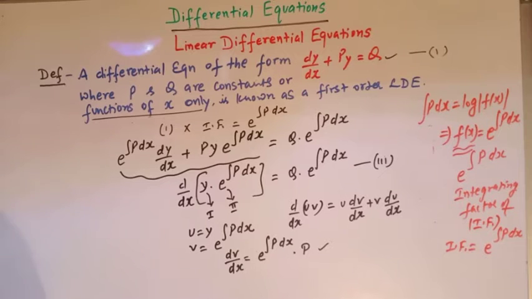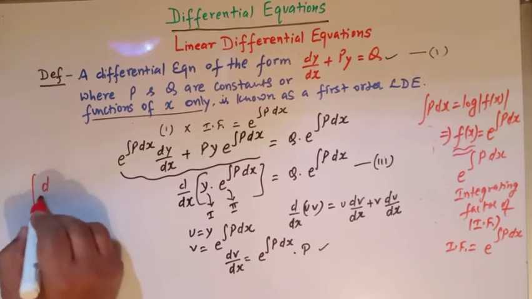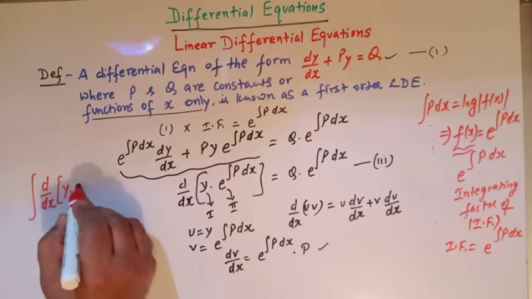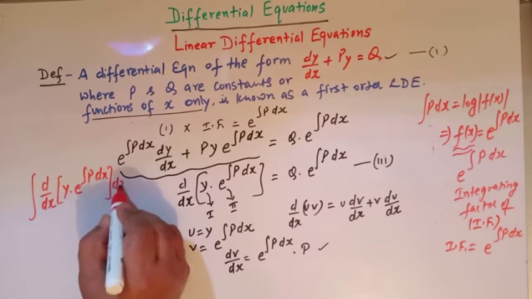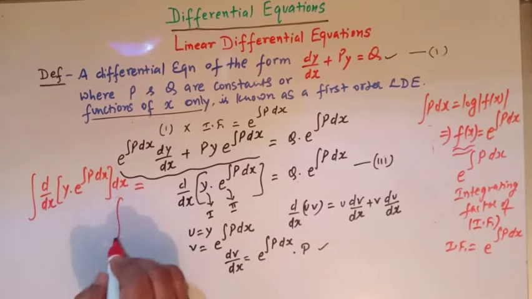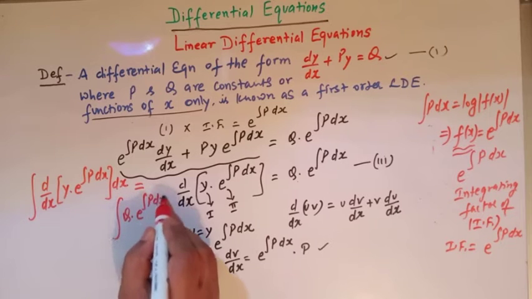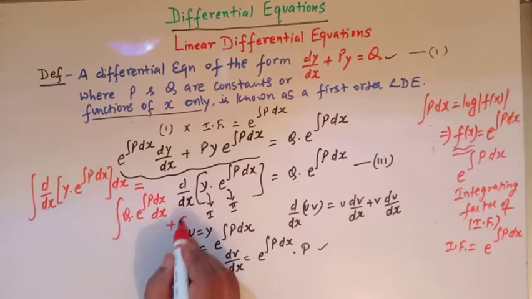Now we will integrate both sides with respect to x. So integrating both sides, we have d over dx of y times e raised to integral of p, dx. We are integrating both sides, so we have here q times e raised to integral of p dx, and dx, plus c as the constant of integration.